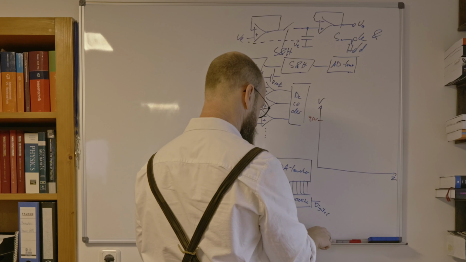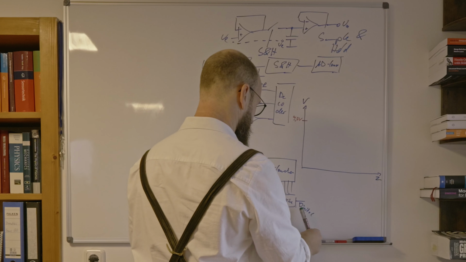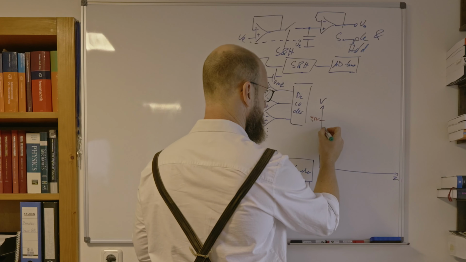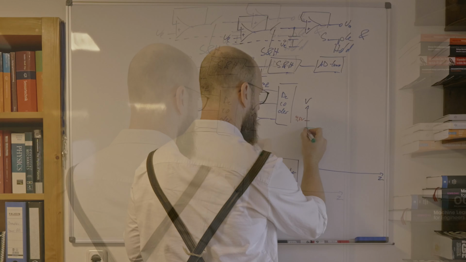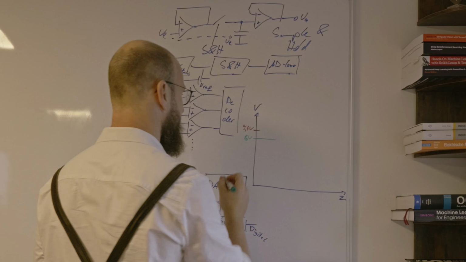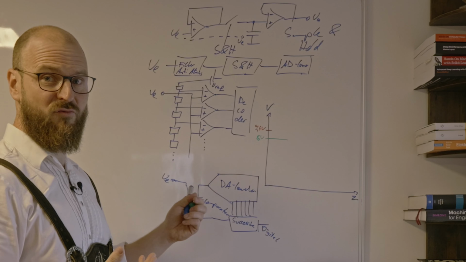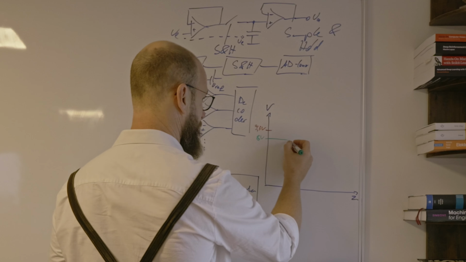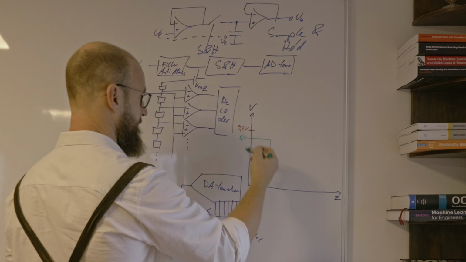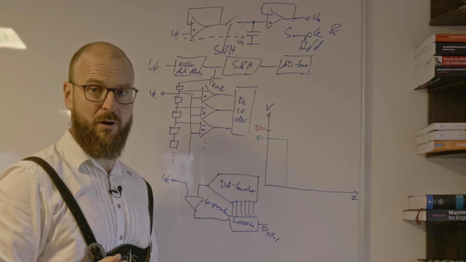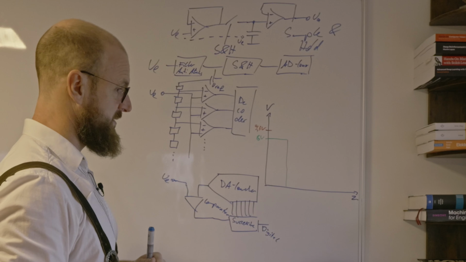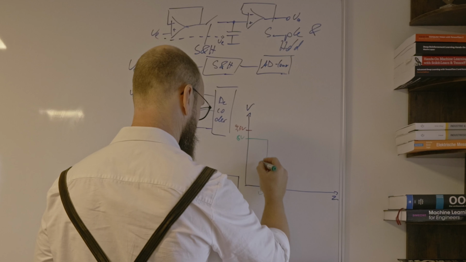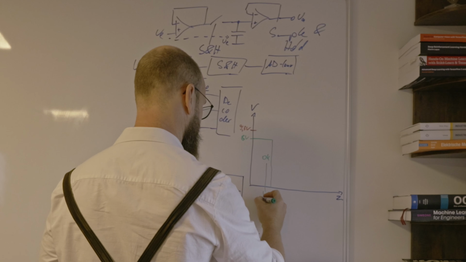And now let's assume we are starting conversion, and the idea now is to switch on the highest bit we have, and that's the 8 volt bit, and watch what the comparator tells us. The comparator tells us, man, the input voltage is higher than the comparison voltage you give me. Telling us, okay, we get a 1.